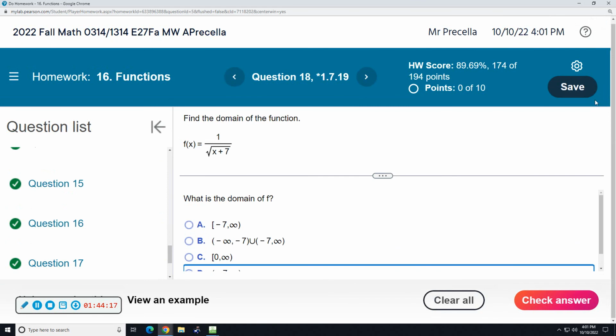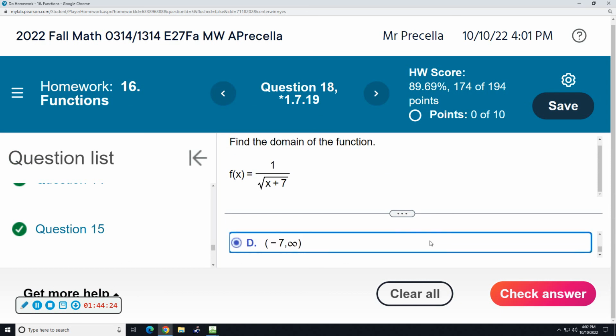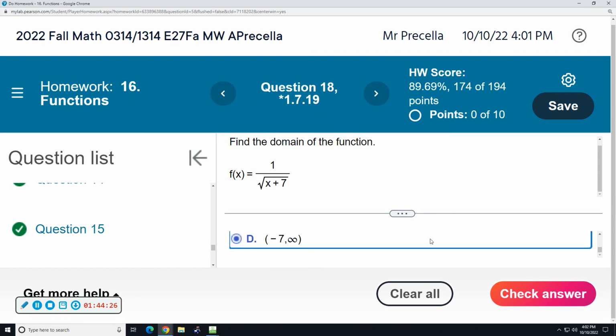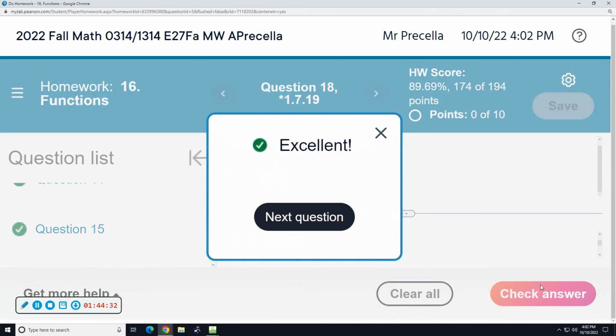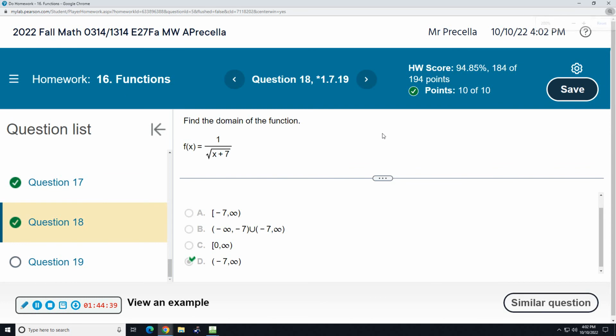There, you blew it up. But you see, there is a parenthesis on D and a bracket on A. So we'll check our answer and let me get it back to a normal size. Any questions there?